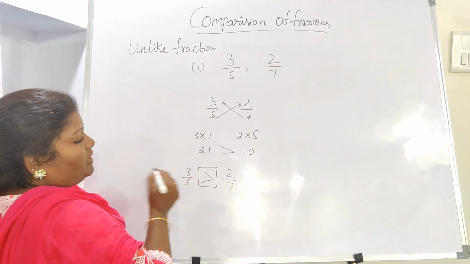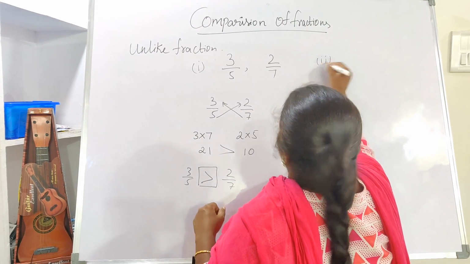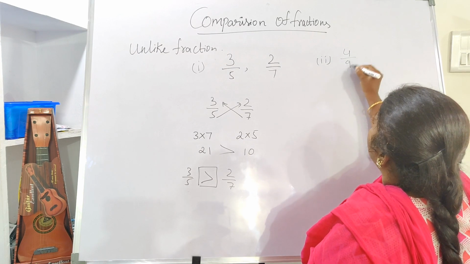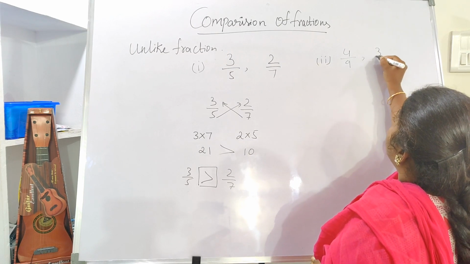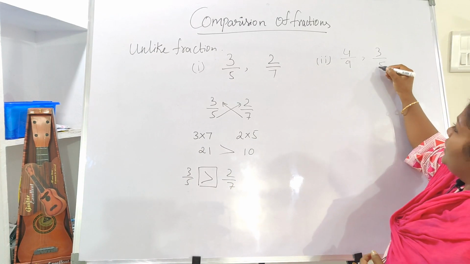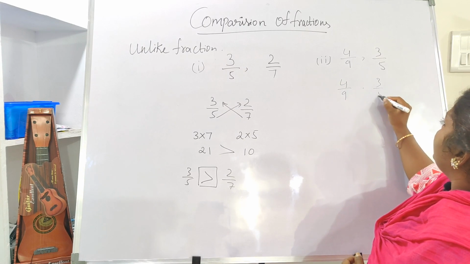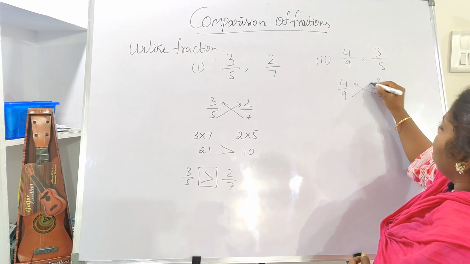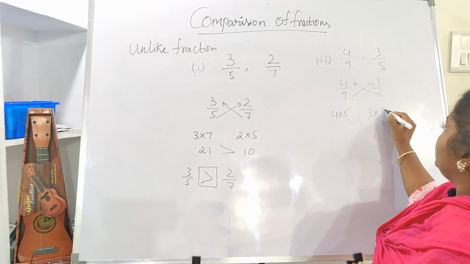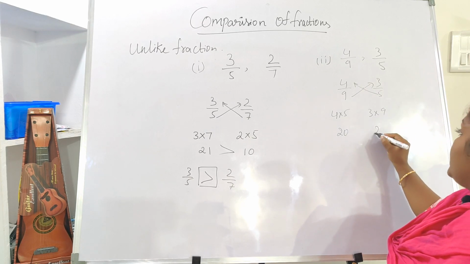Let me explain once again by taking another example. Let me take 4 by 9, 3 by 5. Same process. Just cross multiply. 4 into 5, 3 into 9. 4 5s is 20, 3 9s is 27.